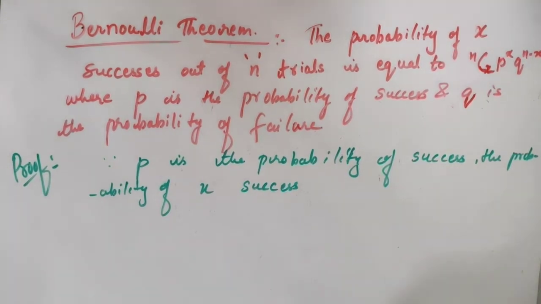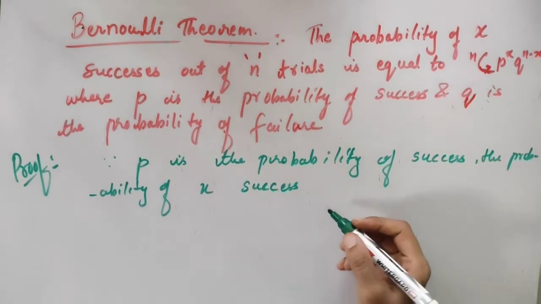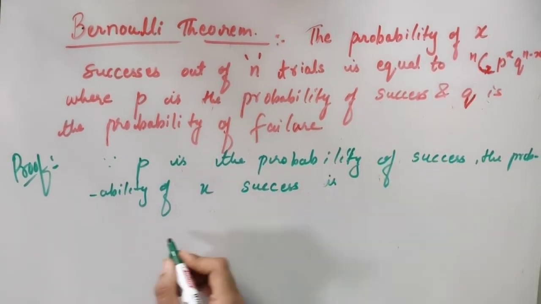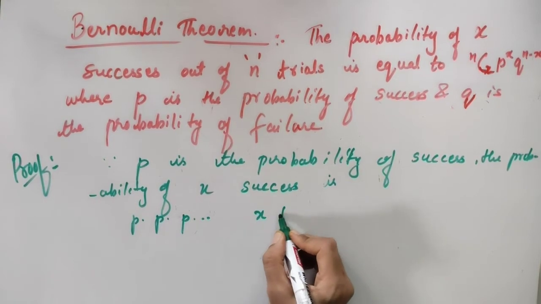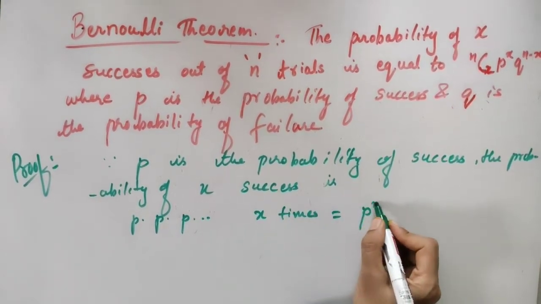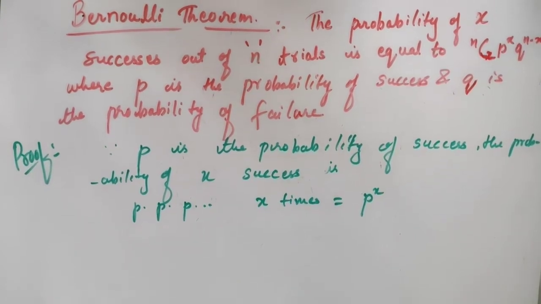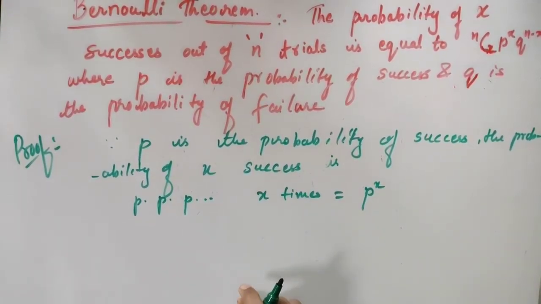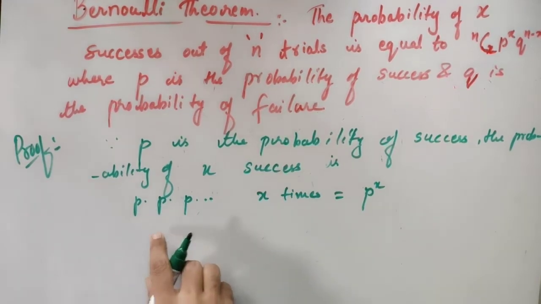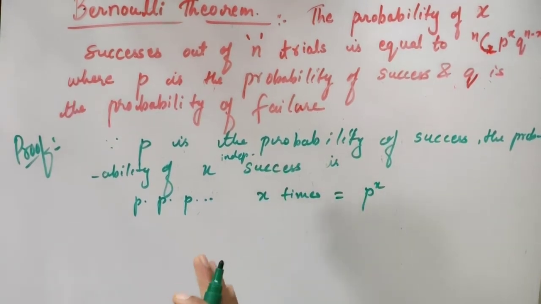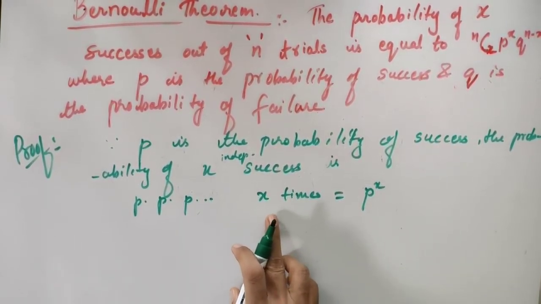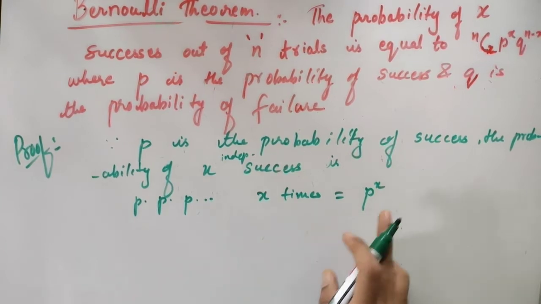One success does not hinder the other success or the failure in the next trial. So x independent successes will be p into p, and so on. How many times? x times we are taking. By the multiplication theorem, you have to multiply each of the probabilities of success, so it will be p raised to x.